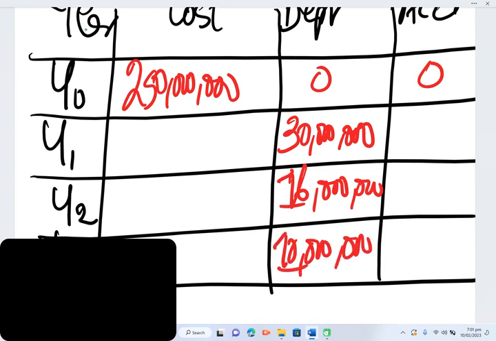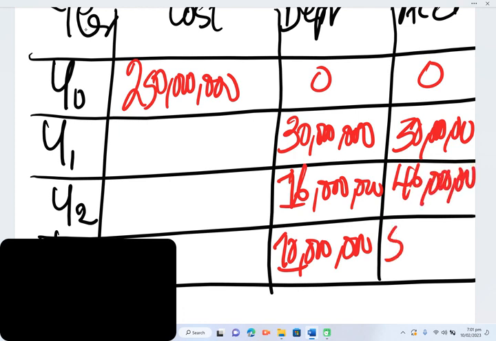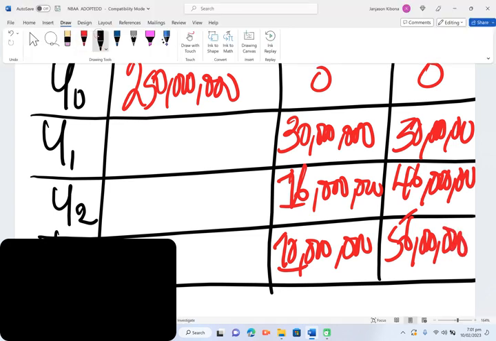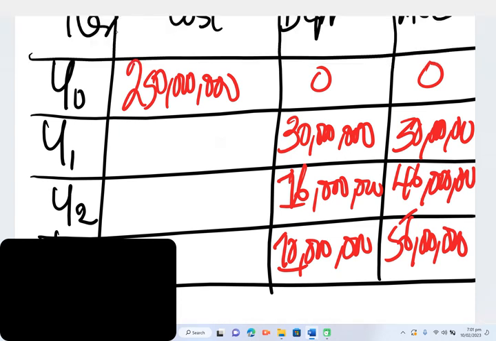Tumepata. Accumulated itakuwa 30, 46, 56. Unatoa carrying amount, si ndio? Unatoa itakuwa 200.